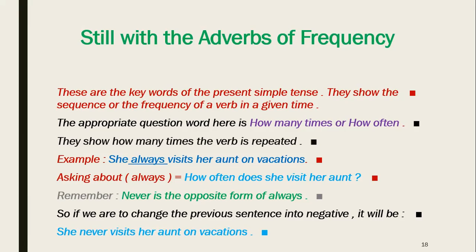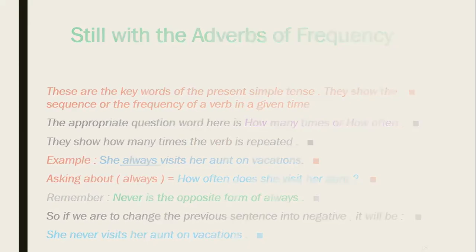If we wanted to change this sentence into negative, we'll say she never studies English in the afternoon. Simply cut always and write never. Simply substitute always with never. So again and again, I will assure the same idea for you. The word never is a negative form for the word always, because always is 100% repetition, a whole repetition, but never is no repetition at all.